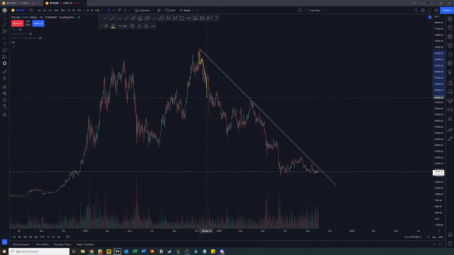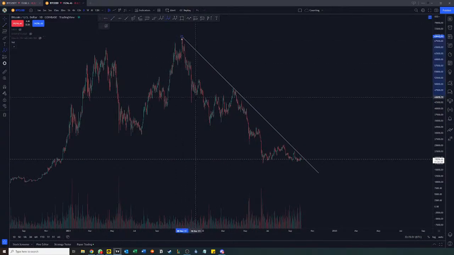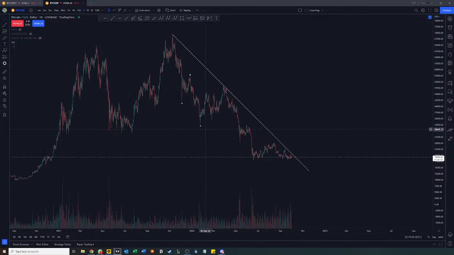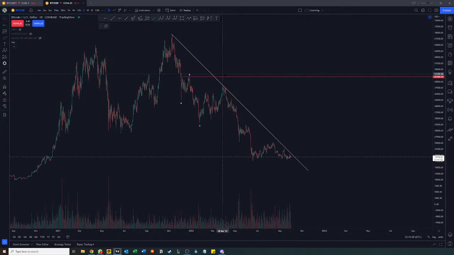If I explain it correctly, this part ABC, this wave did not go over this B wave, therefore, in my opinion, there will be another down.